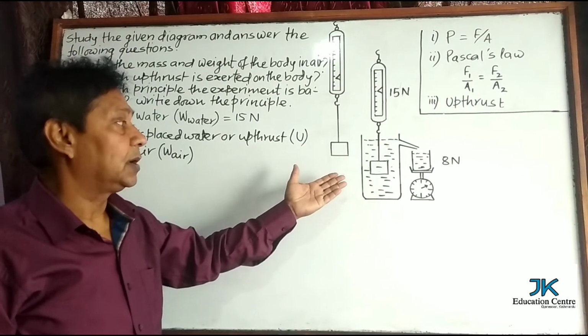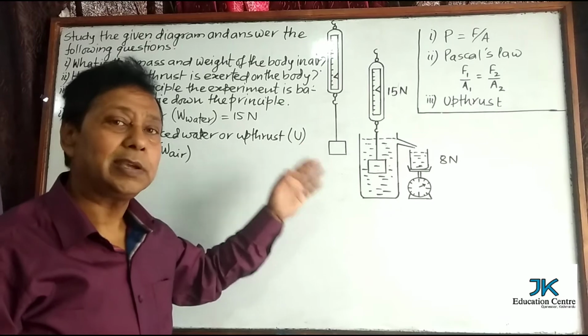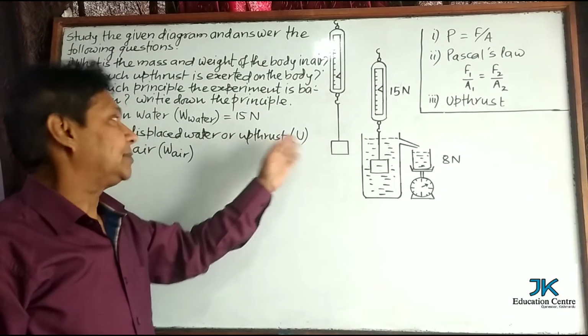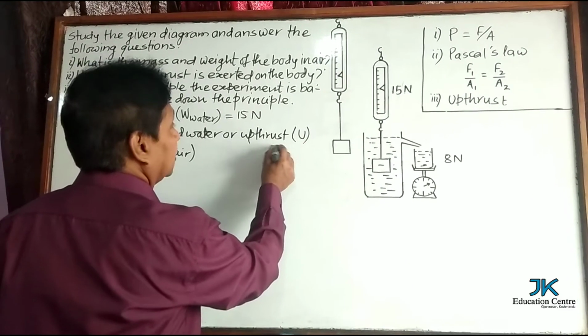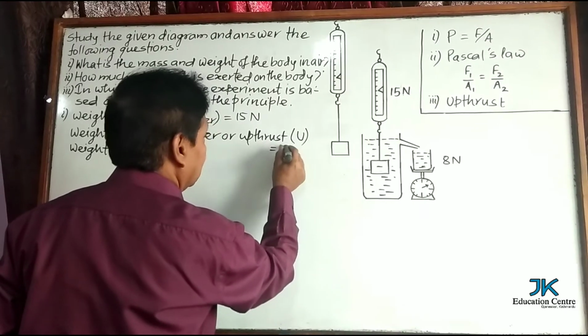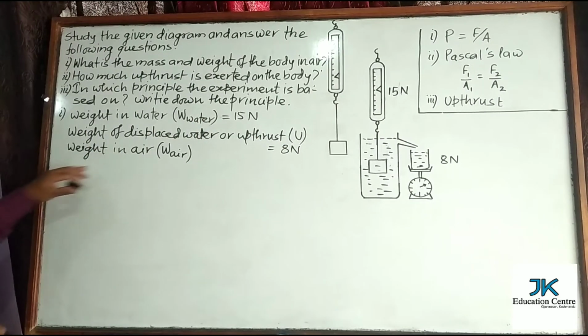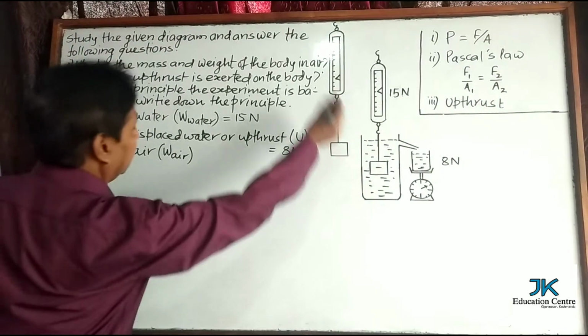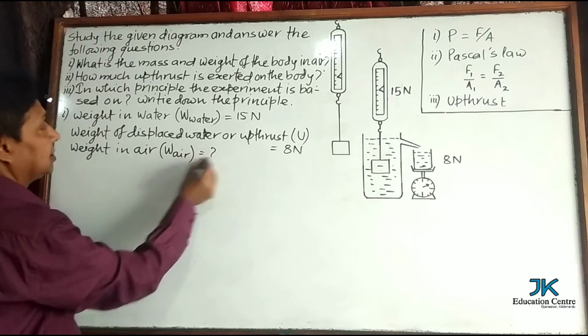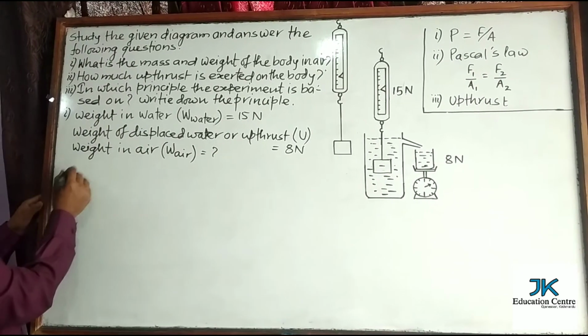According to Archimedes principle, upthrust is equal to the weight of displaced liquid. That's why here the weight of displaced water is upthrust, and this upthrust is given as 8 Newton. And the weight of the body in air? This is the question mark. Now we are going to solve this.